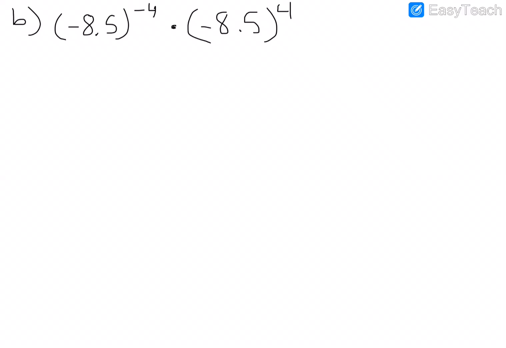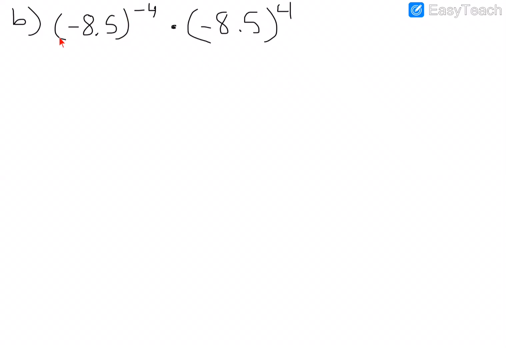Okay, let's try another one. I have (negative 8.5) to the power of negative 4 times (negative 8.5) to the power of 4. The parentheses are important here if you remember from the previous lessons, because if I have a number in parentheses, that means this whole number, the negative 8.5, is multiplied by itself that many times.